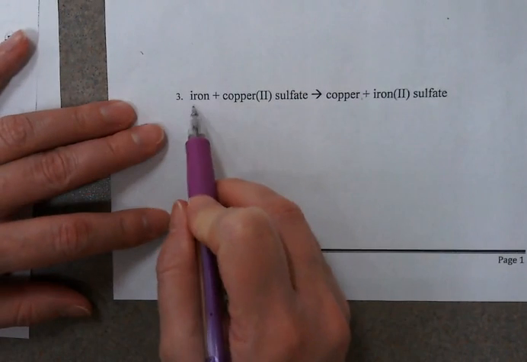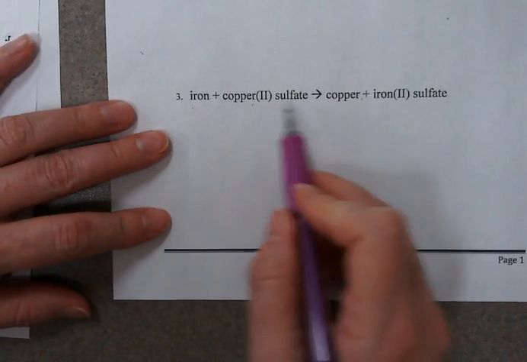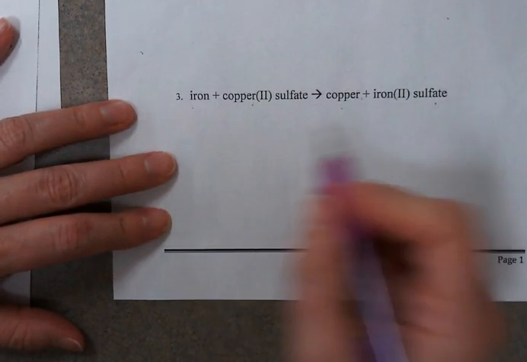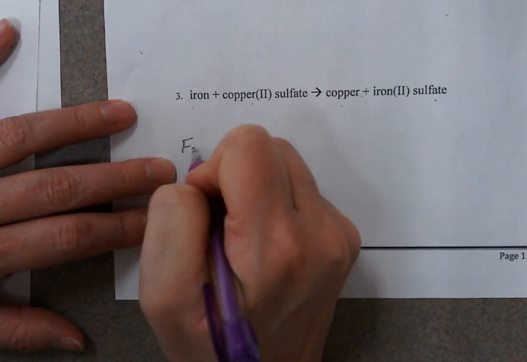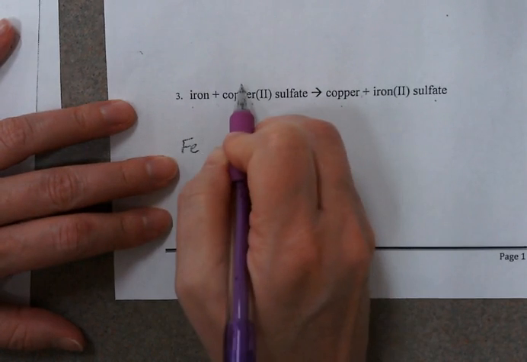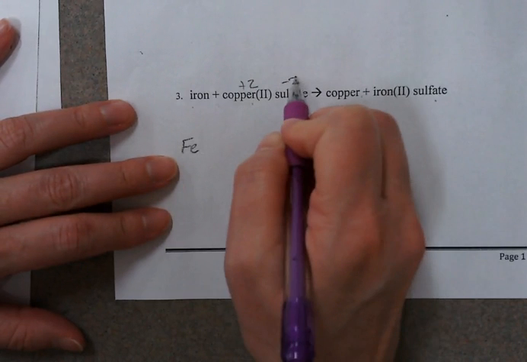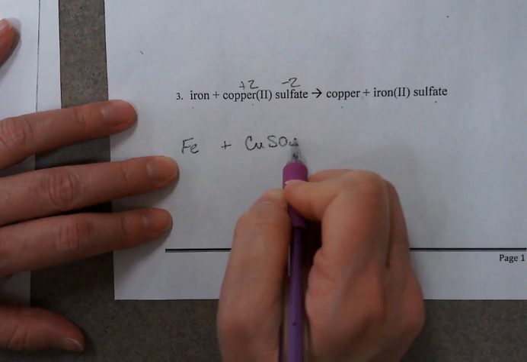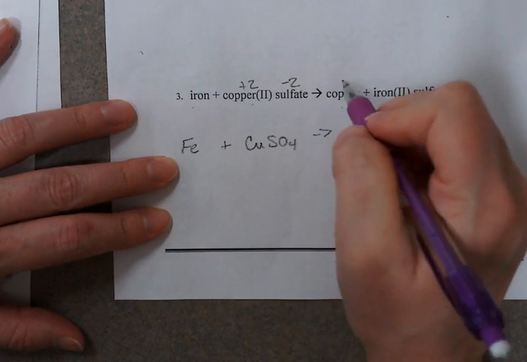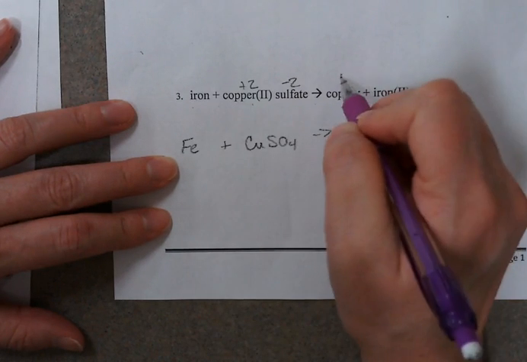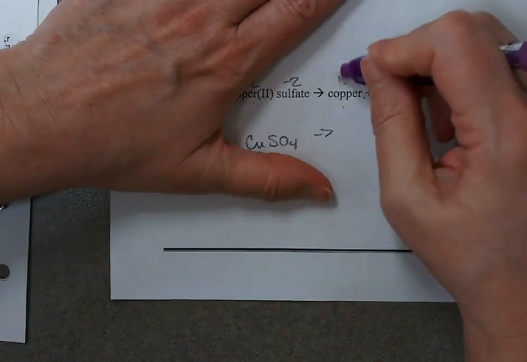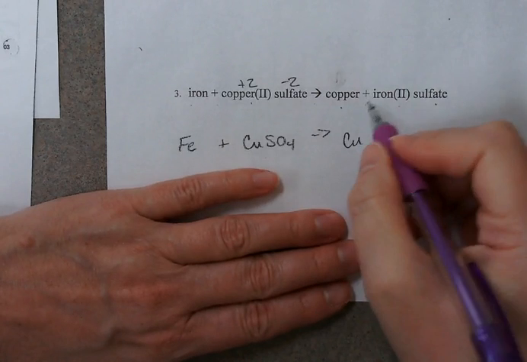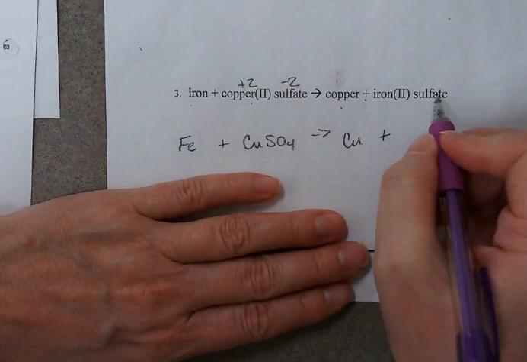So we have iron reacts with copper 2 sulfate to produce copper and iron 2 sulfate. So iron by itself, copper 2 plus 2, sulfate minus 2. And then we have copper by itself, produces iron 2 sulfate.